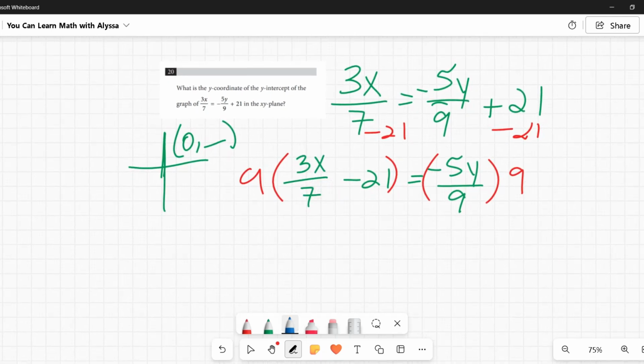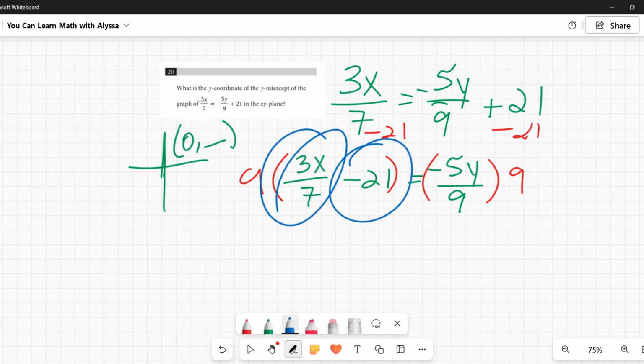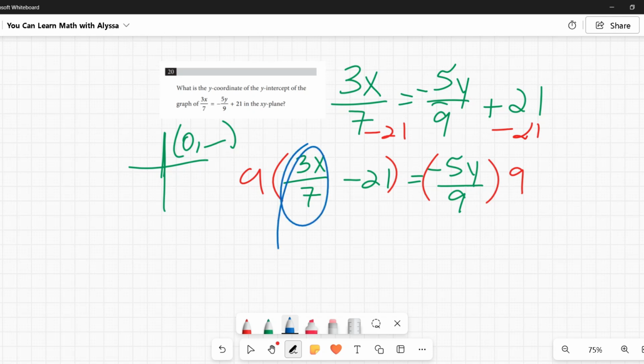So on the left, and you know what, honestly, I don't even care about this. All I care about is that negative 21, because that's going to be what my y-intercept is. When I did this for myself, I didn't even do the math of multiplying that by 9 because it doesn't matter. All that matters is this negative 21. That's going to be where my y-intercept is. But for you guys, I make the sacrifice and I multiply fractions here.